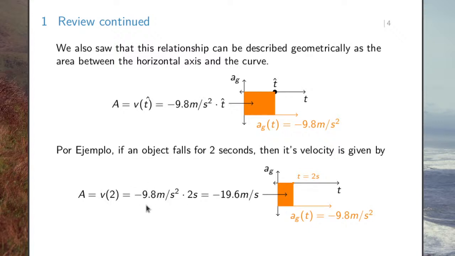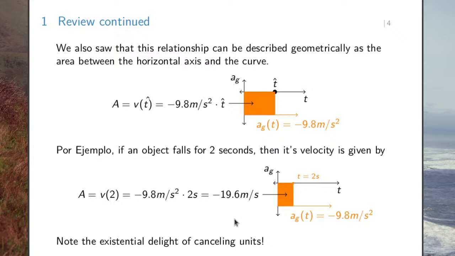This is the rate of change, and this is how long it's changing at that rate. And so this velocity here is the total amount we accumulated. As this acceleration is acting on the object, it's accumulating downward velocity as time goes by.